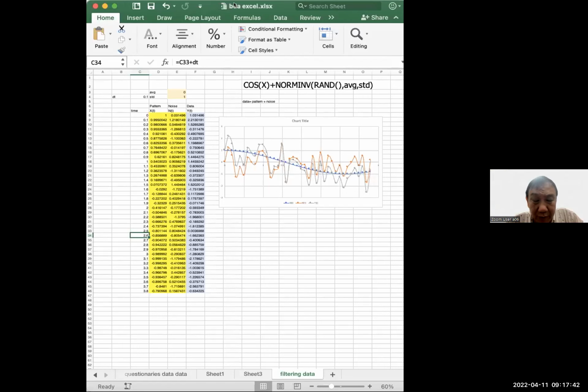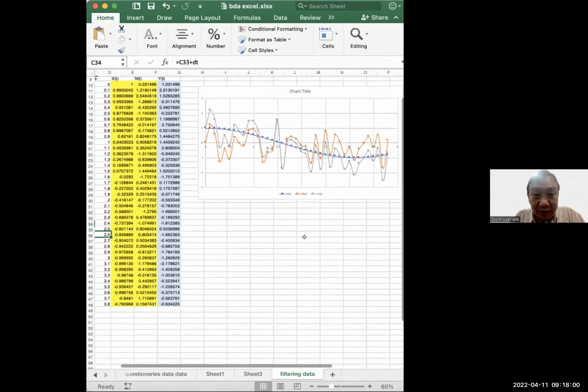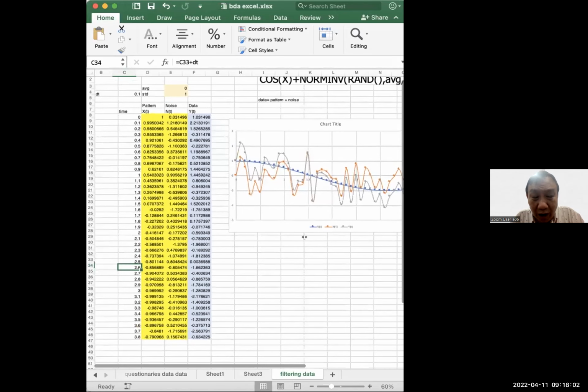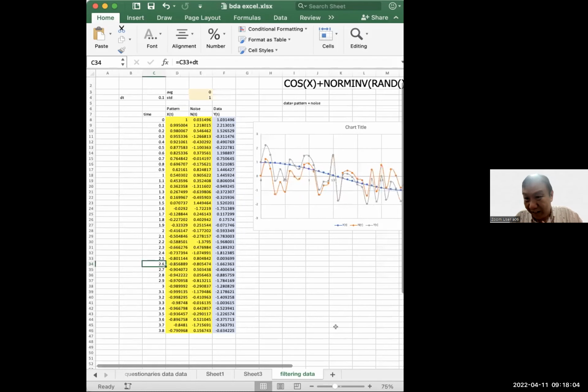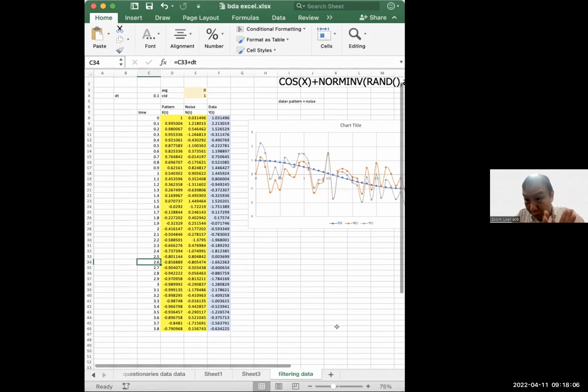No, okay, very good. So now you see, you can see the pattern, right? The blue one, right? And you can also see your data point, right? The Y. Okay. In reality, what you have is actually only the data, isn't it? You don't know the pattern, you don't know the noise.